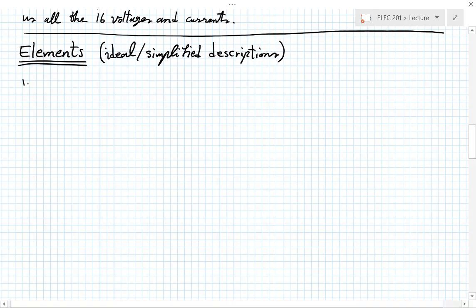So wire, it's simply a 2-port element, has 2 ends. Voltage drop across it is always 0. It can allow any current, magnitude of current in any direction.